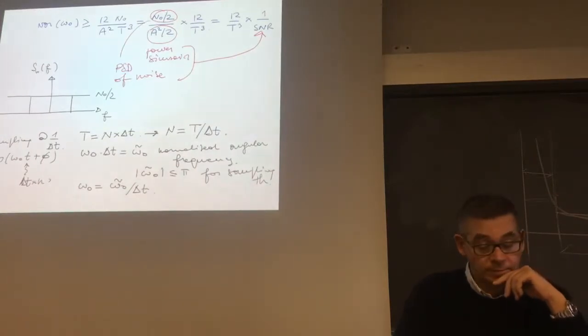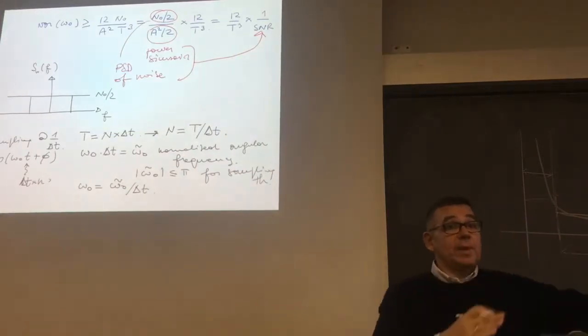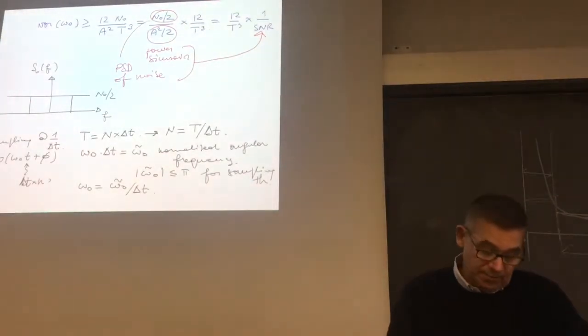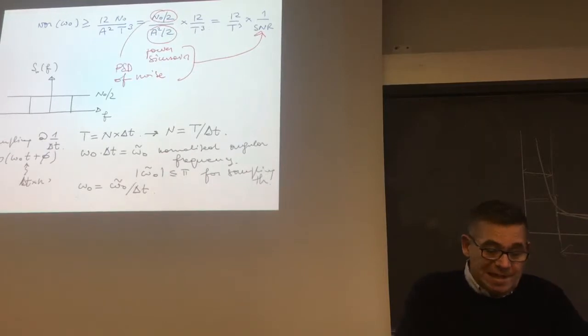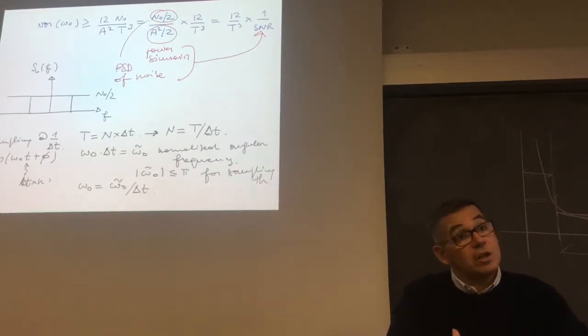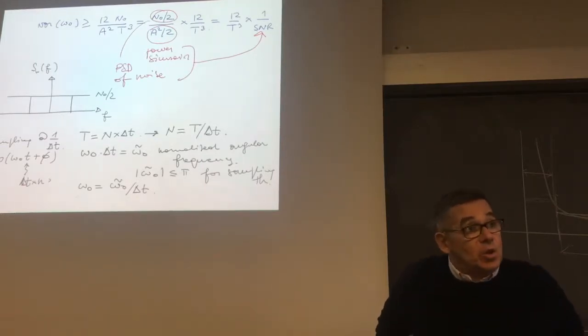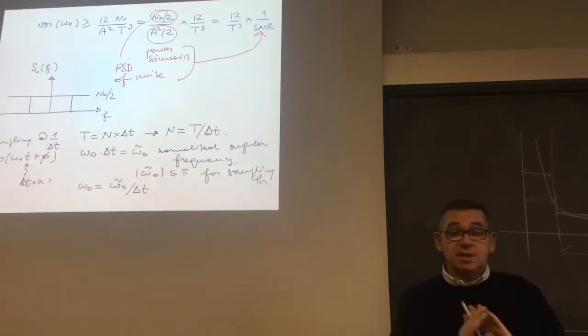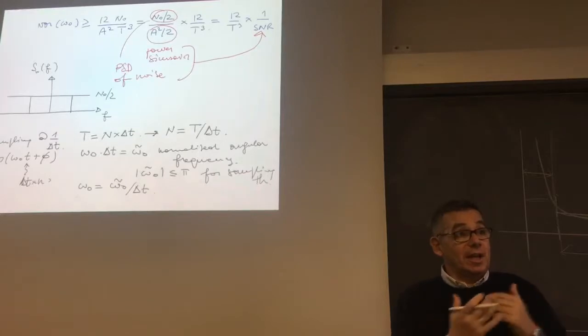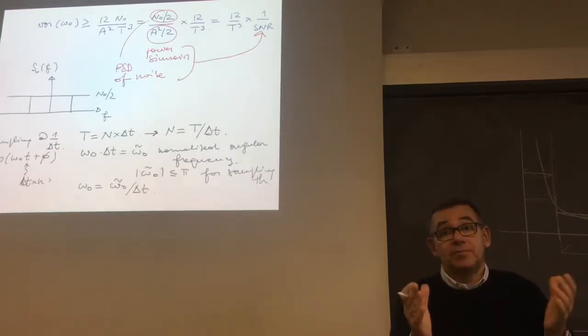Okay? Now, let's put all the pieces together. There is still one piece which is missing. I cannot sample any signal, specifically any random process, if I'm not pre-filtering. Which means, if I'm filtering the noise, a random process that is spectrally white, I need to be sure that the bandwidth is limited.